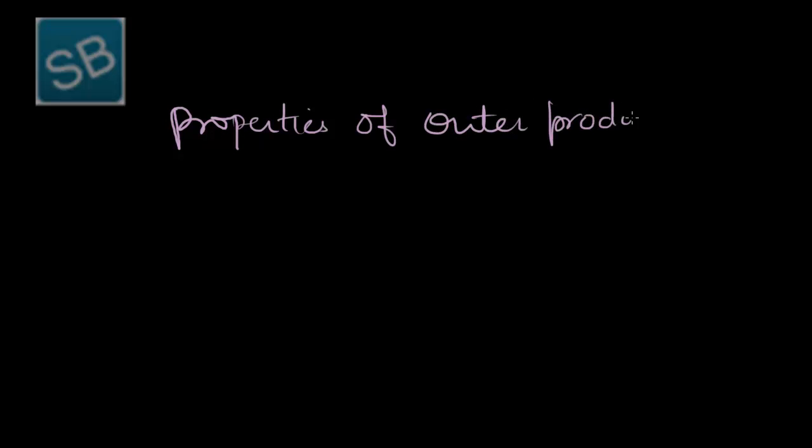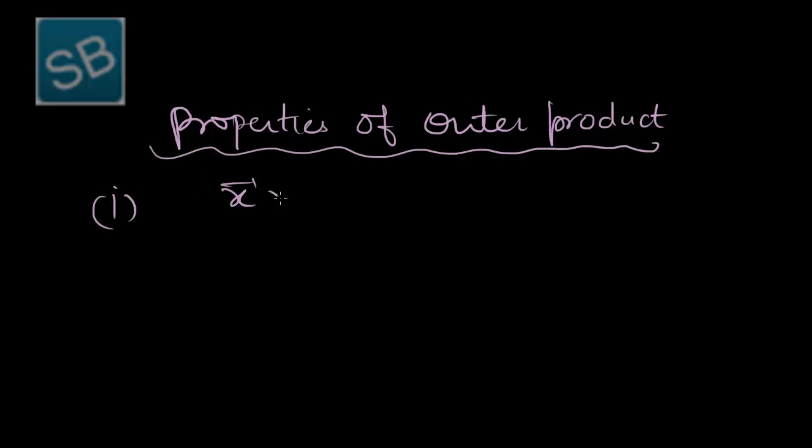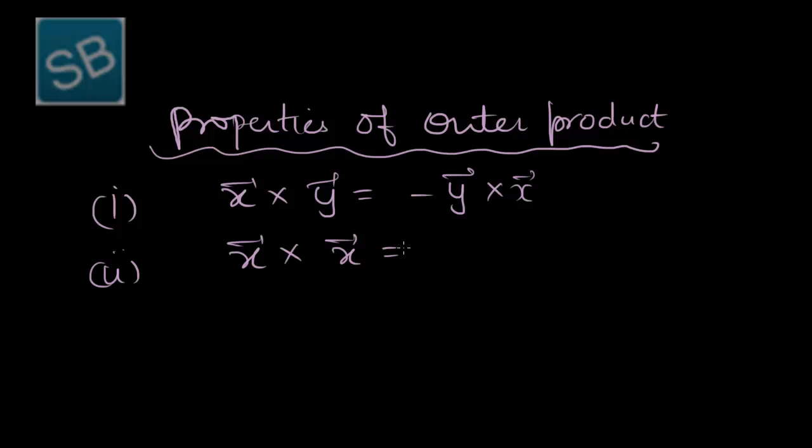Now the next is properties of outer product. The first one is x cross y is equal to minus y cross x, that is, it is not commutative. Second, x cross x is always 0.